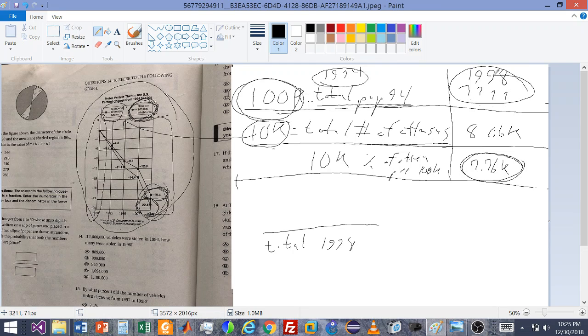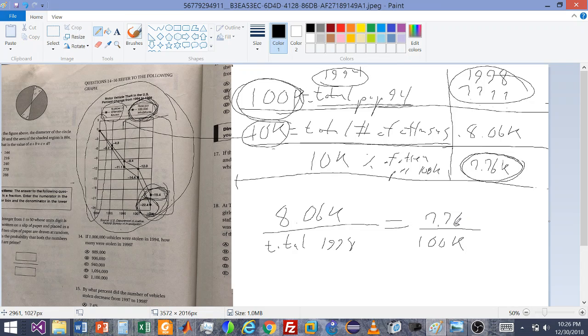We do know the total number of thefts for the total population, which was 8.06 thousand. And we do know the per 100,000 inhabitants total number, which was 7.76.